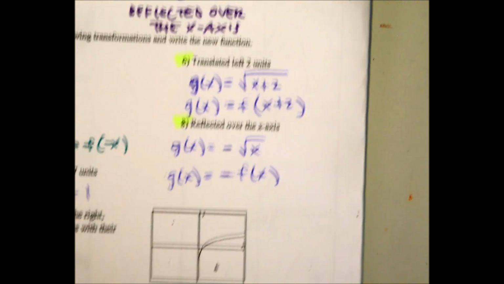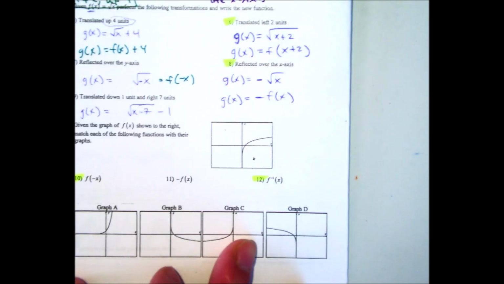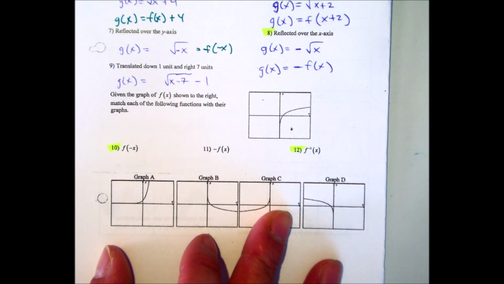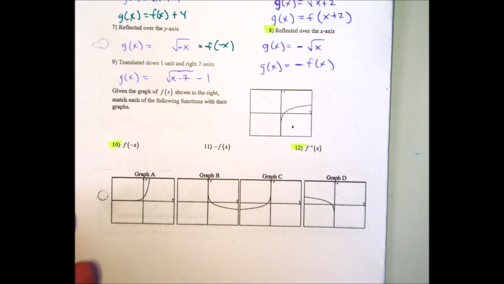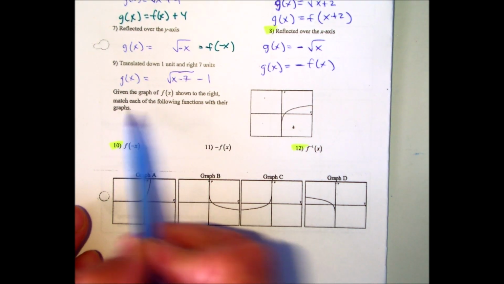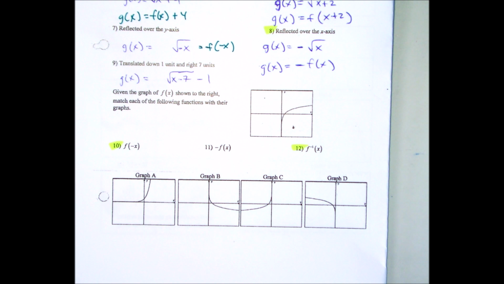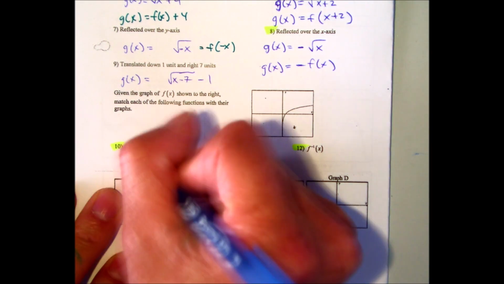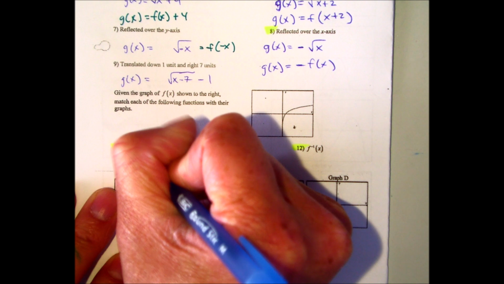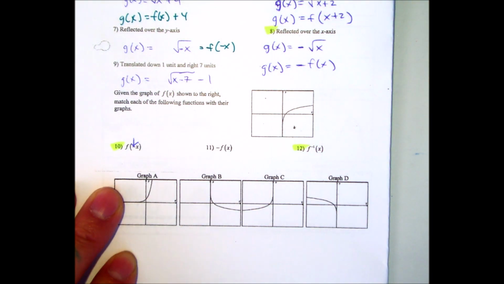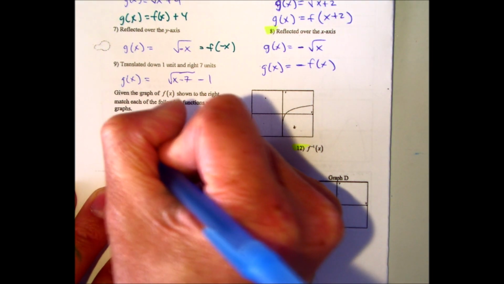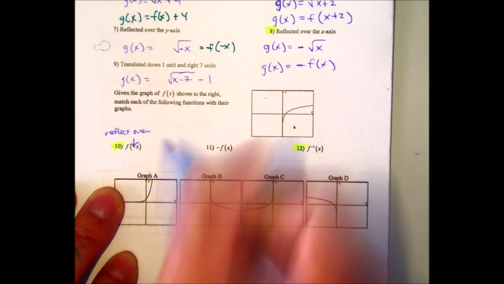All right. Number 10. We have a graph here. It says, given the graph of f of x shown to the right, match each of the following functions with their graphs. Theo, I have a question for you. It has the negative sign inside. It's going to be reflected over the x or the y-axis?